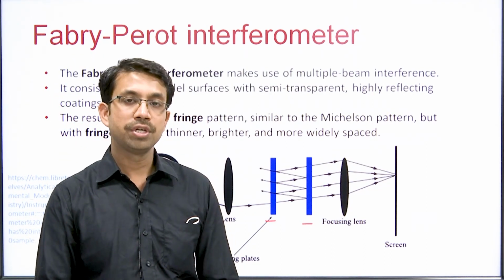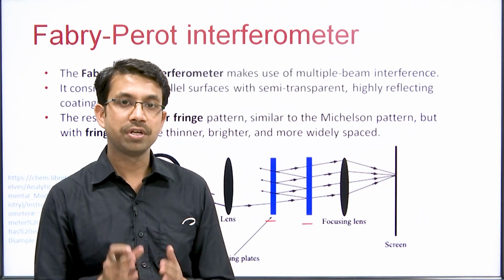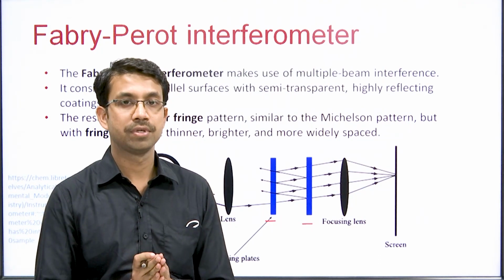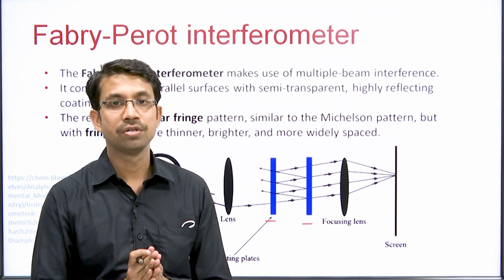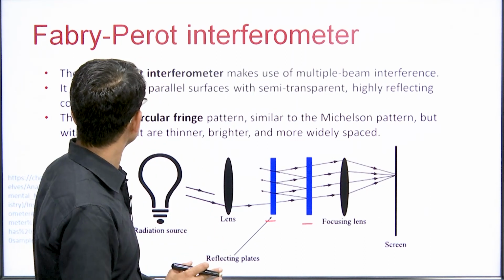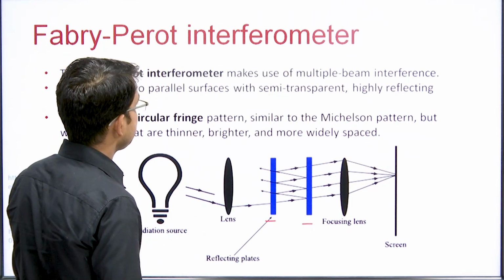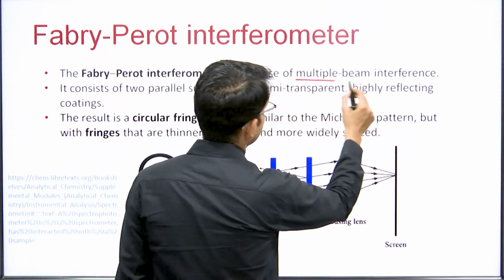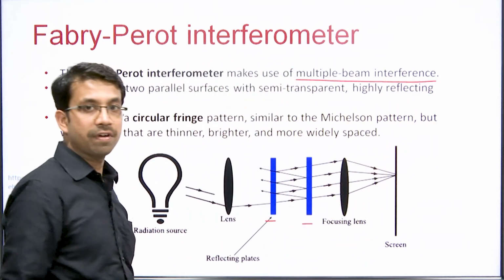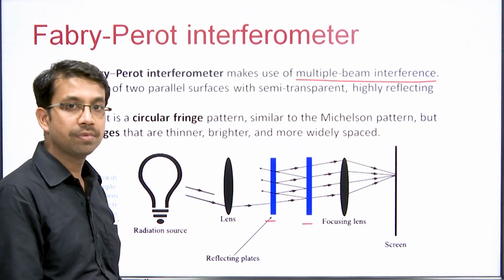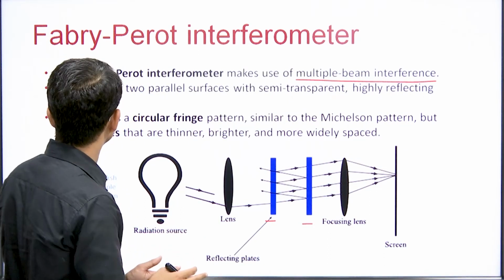So, due to this, the pattern that we get in Fabry-Perot interferometer is sharp, it is more widely spaced. Okay. So, Fabry-Perot interferometer makes use of multiple beam interference. In Michelson interferometer there were only two beams, but in this multiple beams are interfering with each other.